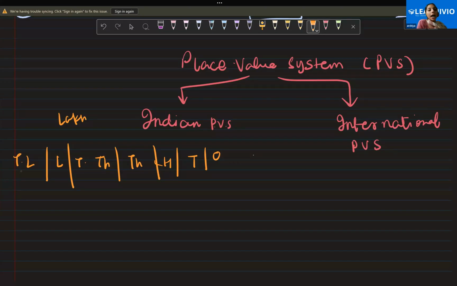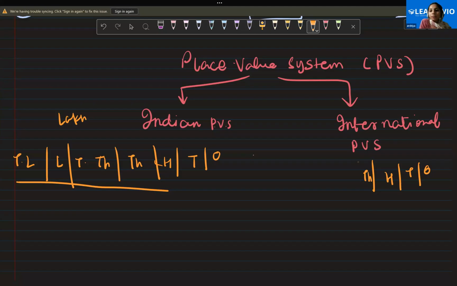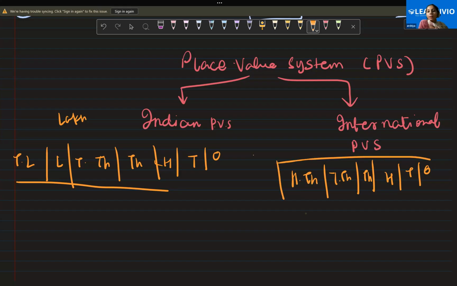But in the international place value system, we have ones, tens, hundreds, thousands, 10,000s as well, but after 10,000s we don't have lakhs. We have 100,000s.